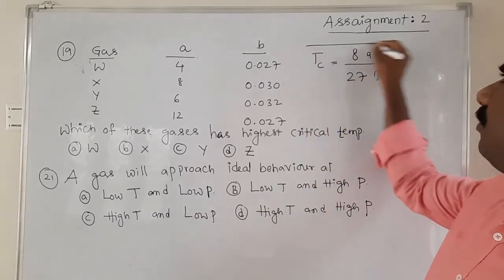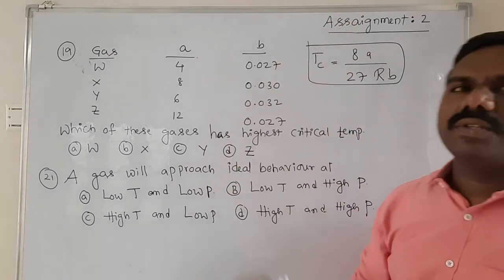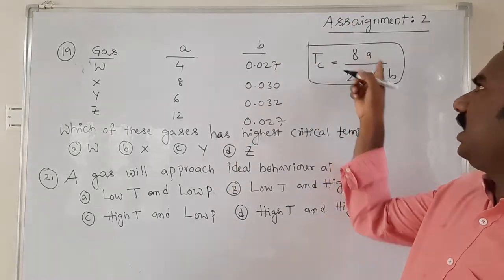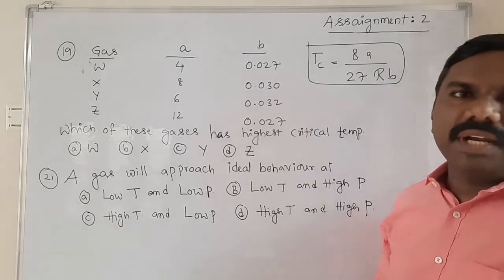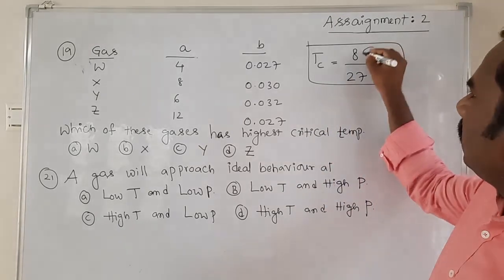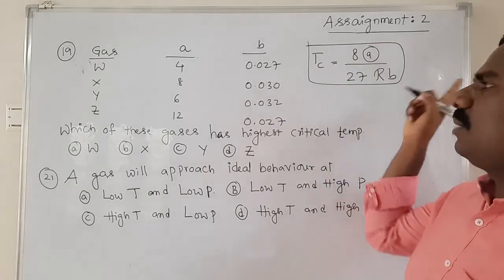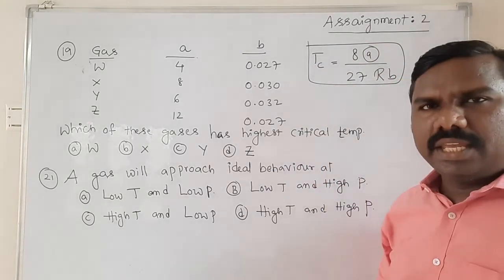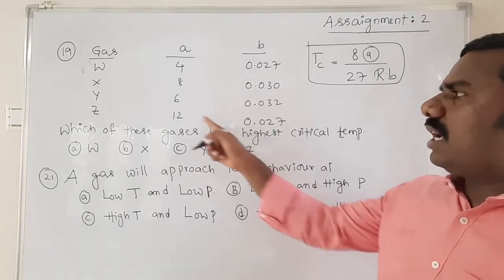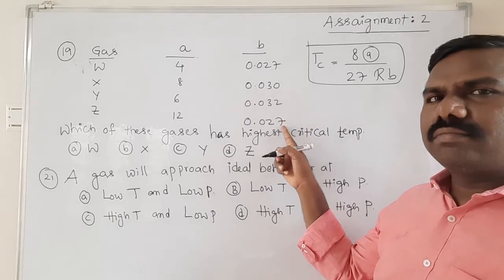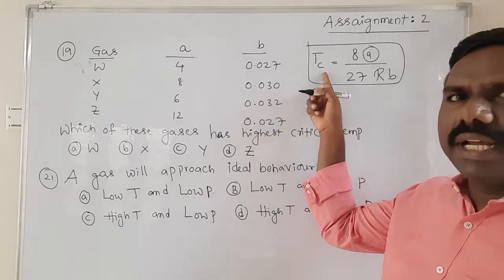Their simplified formulas are given, and by that we have to solve this. Right? Critical temperature is directly proportional to a, inversely proportional to b. It means the a value must be higher and the b value lower, then only is the critical temperature higher.